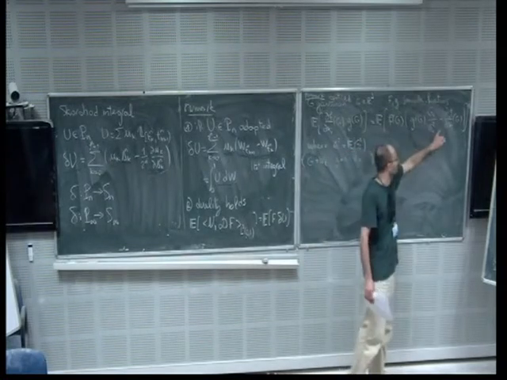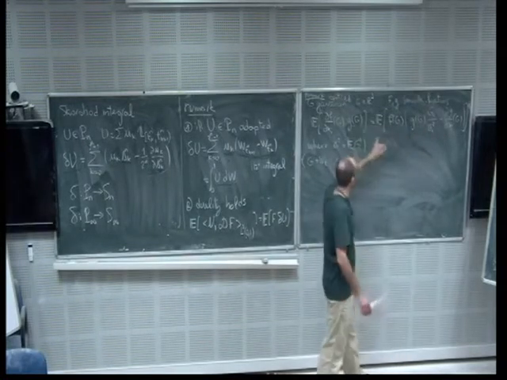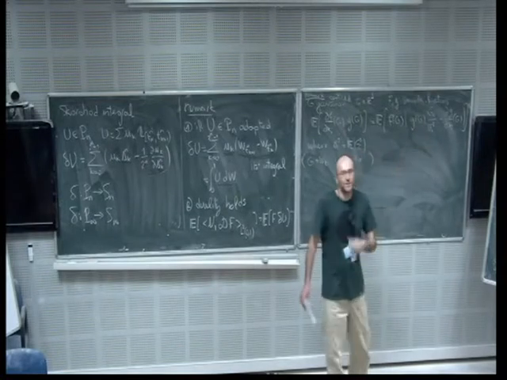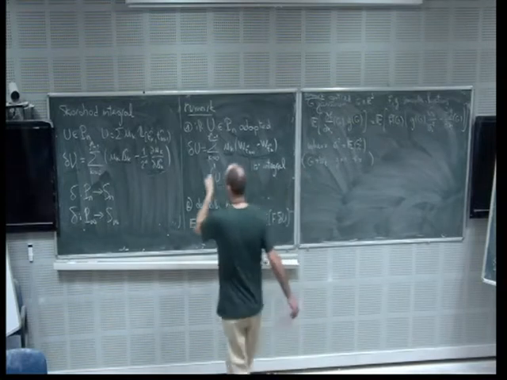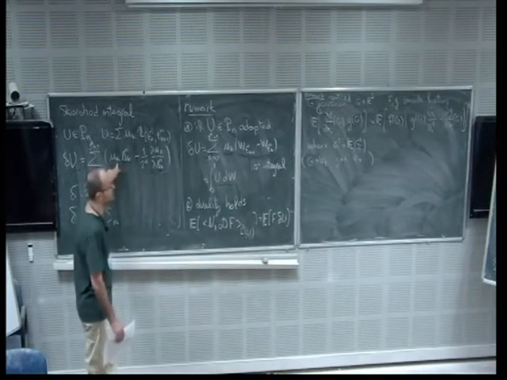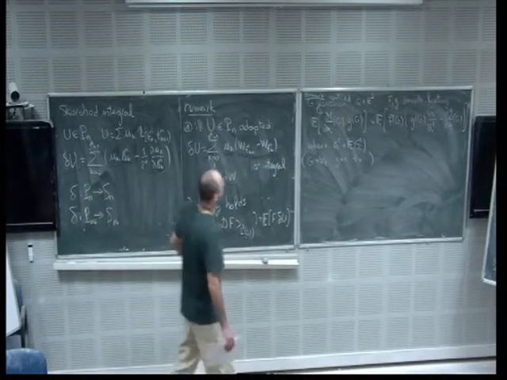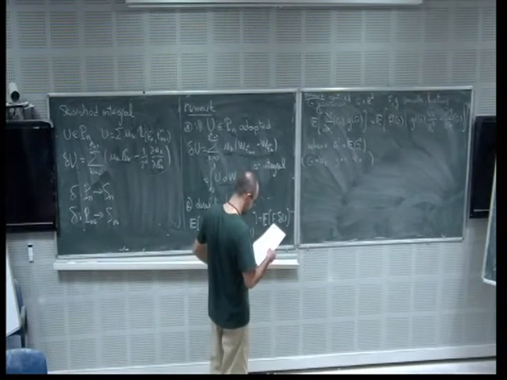Here you get two terms. One is the derivative of g, and the other one is the derivative with respect to the Gaussian density. And then you get an additional term. Now let's go back here and see what we got. And there might be a minus somewhere.